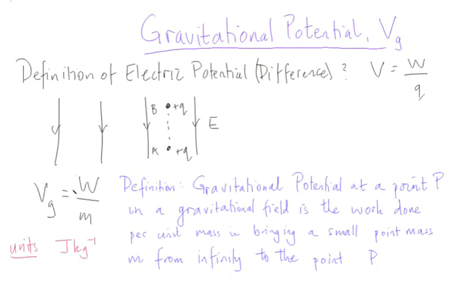But in a previous lecture, we found that there is an expression for the gravitational work done in moving a mass from infinity to P, so we can use that.